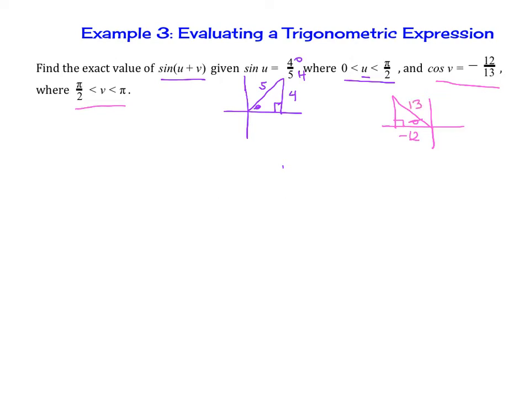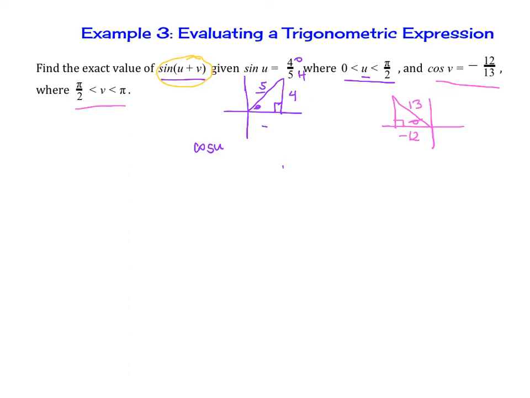So we do need to figure out what sine of u plus v is. And so we know that we need cosine u. We also need sine of v. That is what we're missing. So let us find cosine of u first of all. To do that, I just need to find the missing value here.